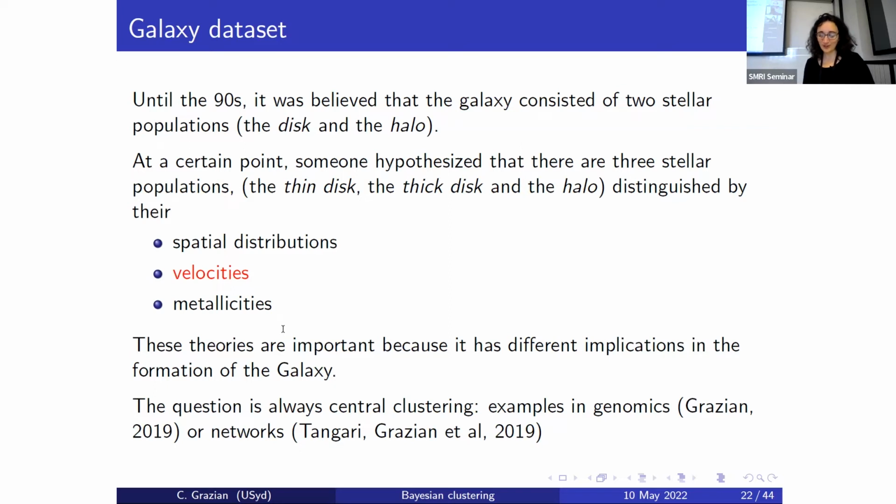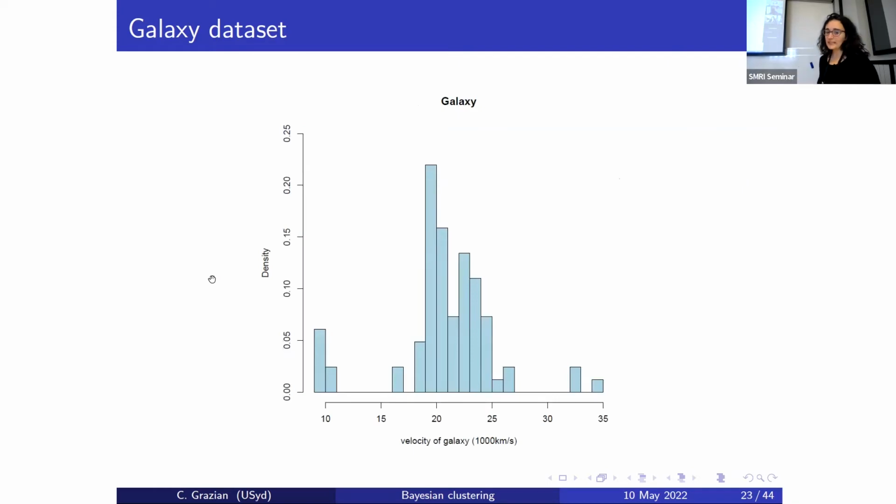I know not too much about astrophysics, but the question behind that was whether there are 2 or 3 stellar populations, and the one that is mostly used is only the univariate one, considering the velocities. So this is a histogram of this data.